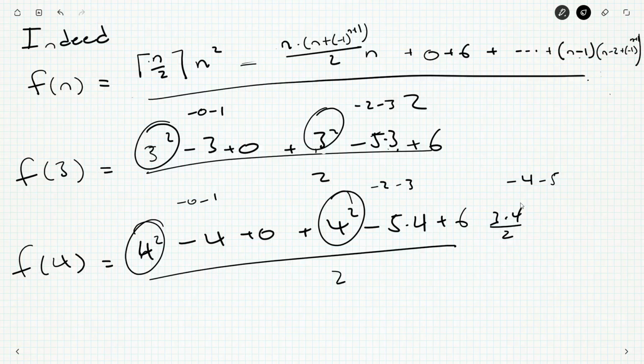So if I plug in 3 there, I'll get 2 times... No, that's not working. So we'll say n minus 2 and then n minus 2 plus... Yeah, there we go, there we go.